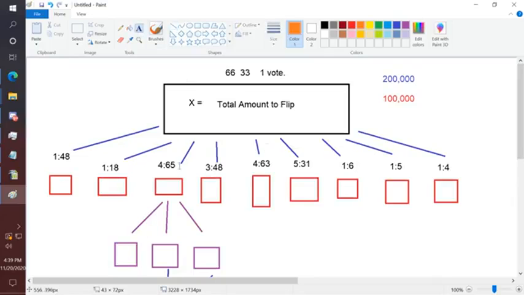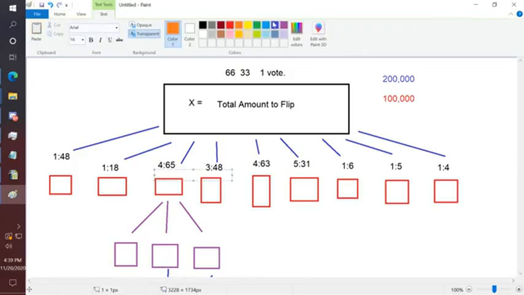So let's say, 4 to 65 means Trump needs, we take that number 100,000, right? 4 to 65. 4 divided by 65, I have a handheld calculator in front of me, is 6.15%, so times 100,000. So the computer knows it needs to get, in total, 6,153.